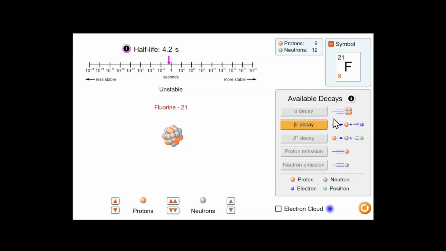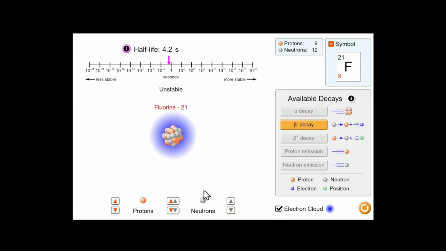So it's going to be beta negative decay. It's going to take one of those neutrons and convert it into a proton via the weak nuclear force. The difference is going to be spat out in the form of a high energy electron, a beta particle. By the way, the beta particle comes from the nucleus. It does not interact with the electrons that are already in a cloud around there.